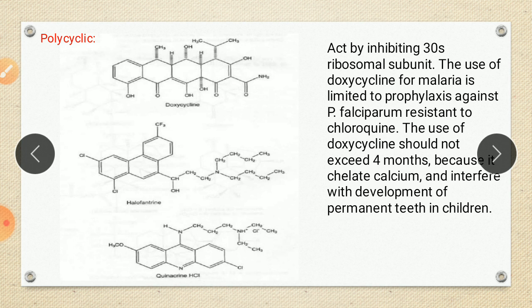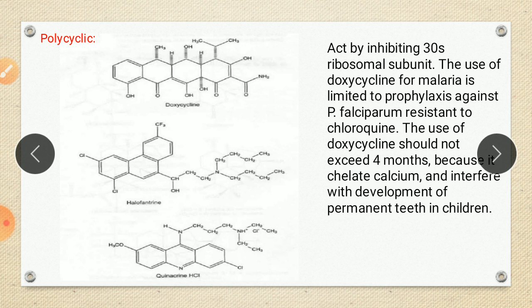However, doxycycline is a good antibacterial. Its use for malaria is limited to prophylaxis against Plasmodium falciparum resistant to chloroquine.